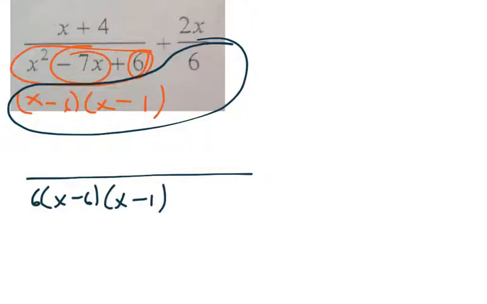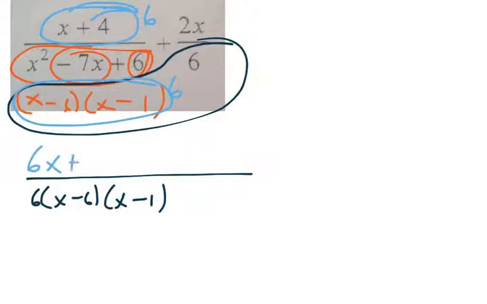Okay, so this first fraction, x plus 4 there, has x minus 6, x minus 1. I hope you agree the only thing missing is a times 6. So I'm going to distribute the 6 here. I'm going to get 6x plus 24.